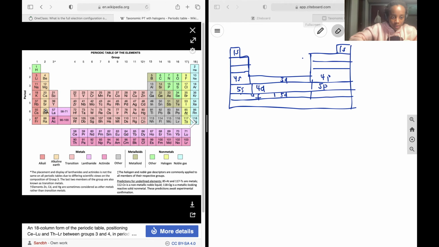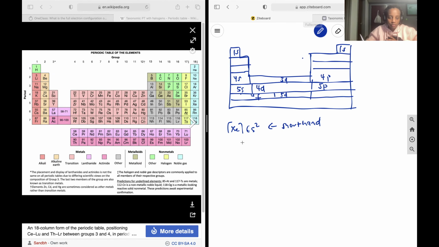And so barium is here. The closest noble gas is xenon. So it's going to be xenon and then 6s to get 6s2 to get to barium before we hit the lanthanides and get into the Fs.